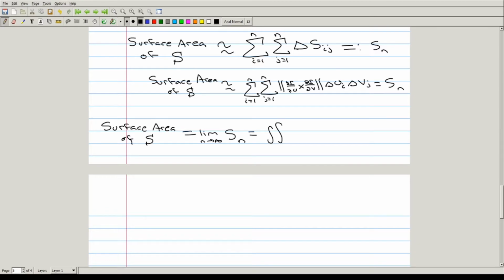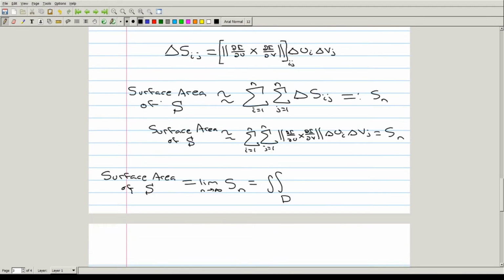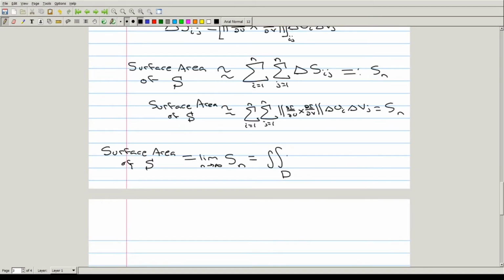the double integral over the space D, so over the space in our parameter space, of the magnitude, and like I said, I'll make this ij just to indicate that this is being evaluated at each sub-piece.